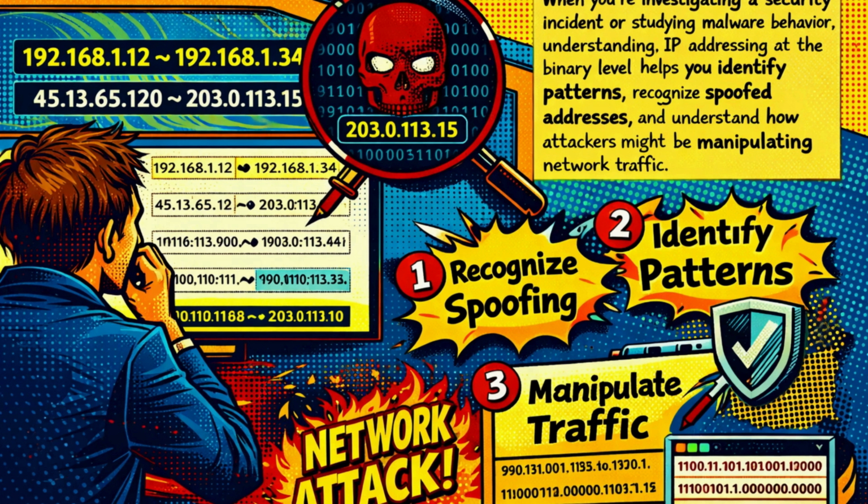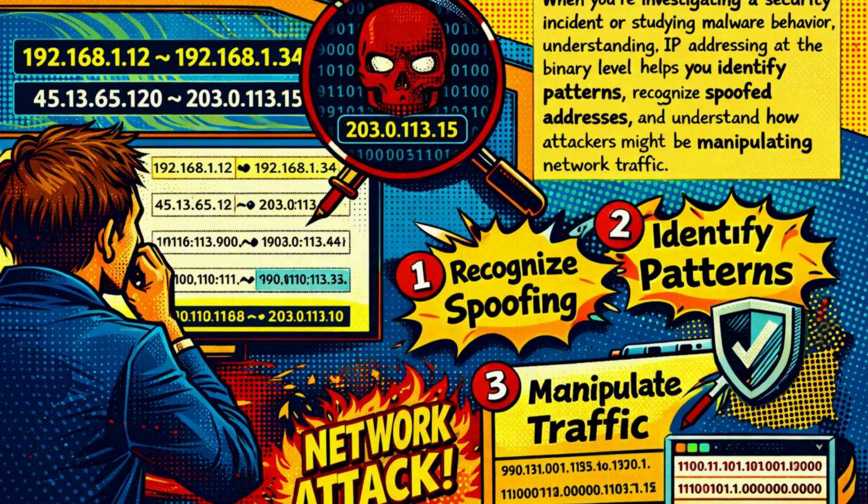Now, things get more interesting when the subnet boundary does not fall neatly on an octet boundary. Consider the subnet mask of 255.255.255.192. If we convert that last octet, 192 in binary is 11 followed by 6 zeros. So the full subnet mask in binary is all ones for the first 3 octets, and then 11 followed by 6 zeros.